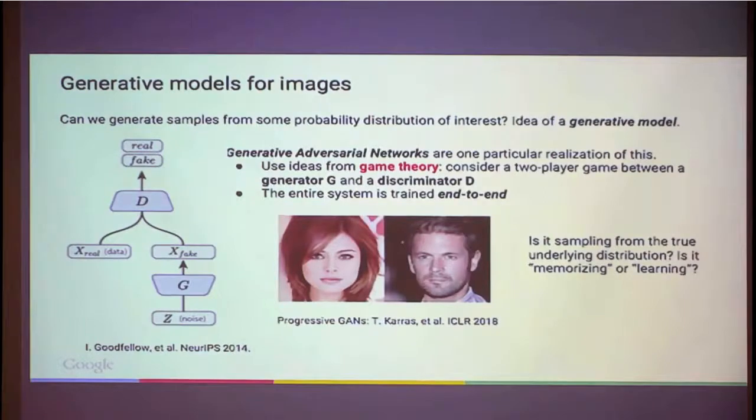So one way of trying to fix that is having a more regulated environment where, for instance, how they solved it was having D and G grow in complexity together. But even for such systems right now, it's kind of unclear whether they're sampling from the true underlying distribution that you care about, or are they really just looking at so many samples that they're basically memorizing the training set. And then it also brings into play, well, what is the difference between memorization and learning? It's always some continuum between the two, right? So that's something that people are working on.